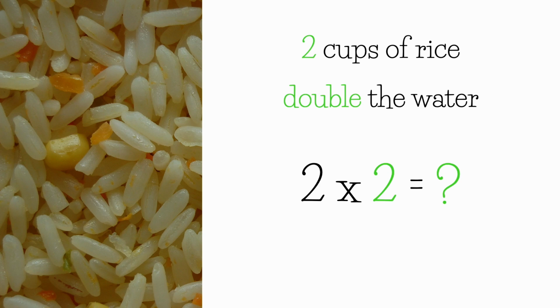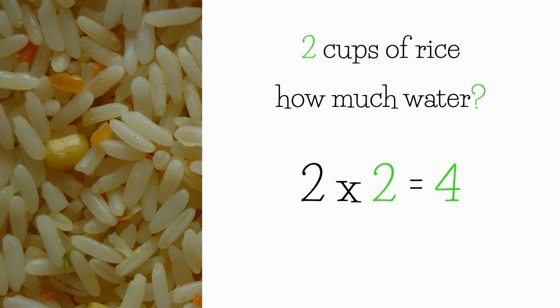And when we say 2 times 2, or 2 multiplied by 2, what do we get? If I put 2 cups of rice in a pot, I need to add 4 cups of water to the pot so that the rice would boil.